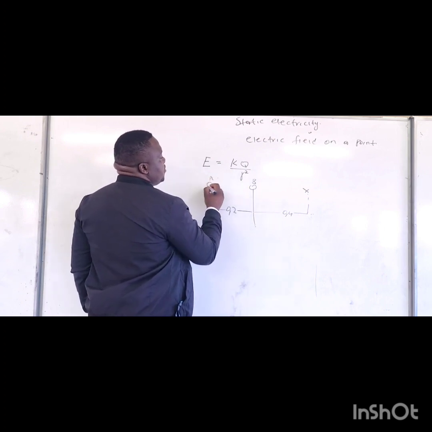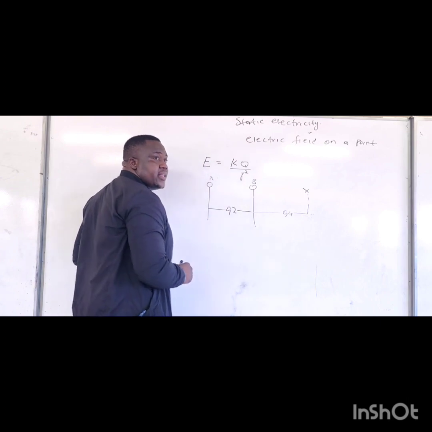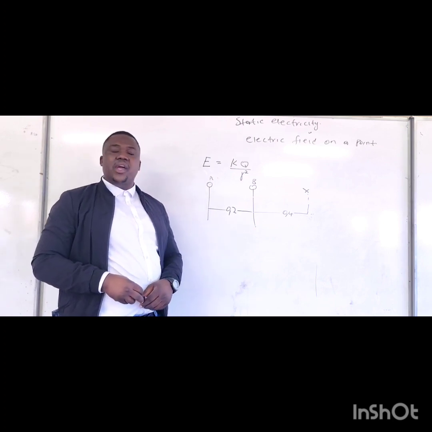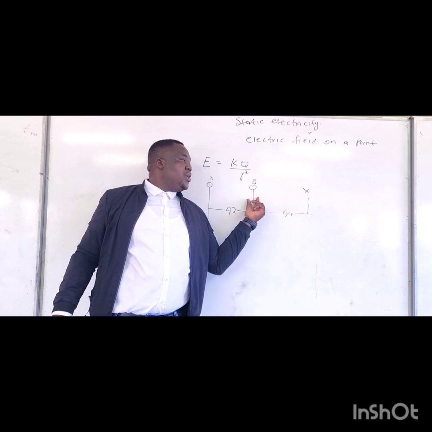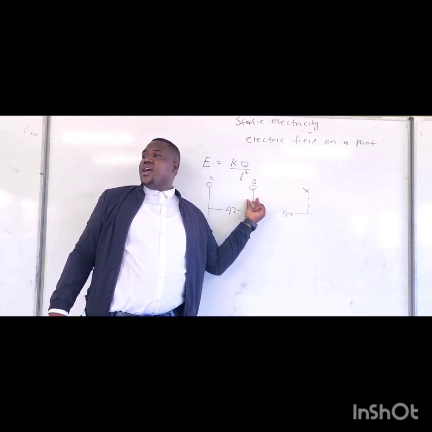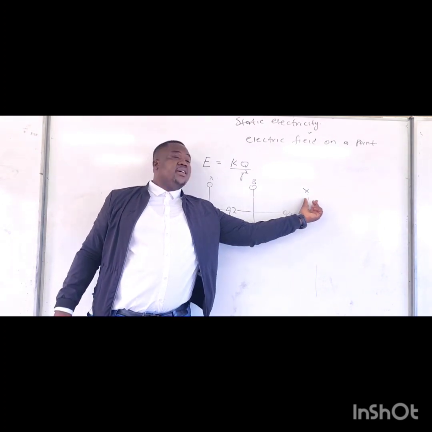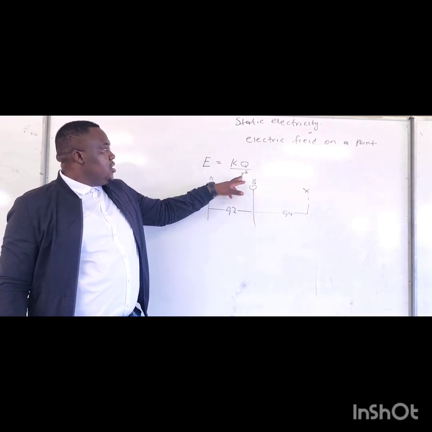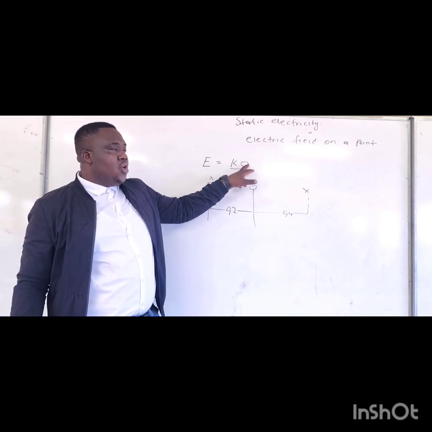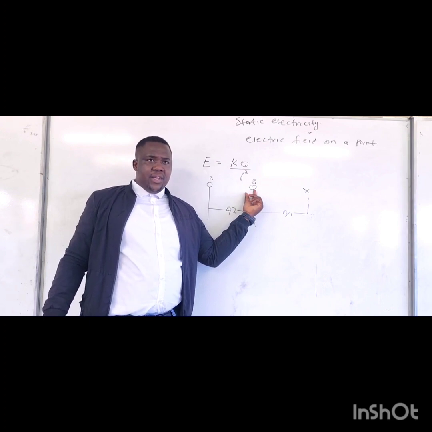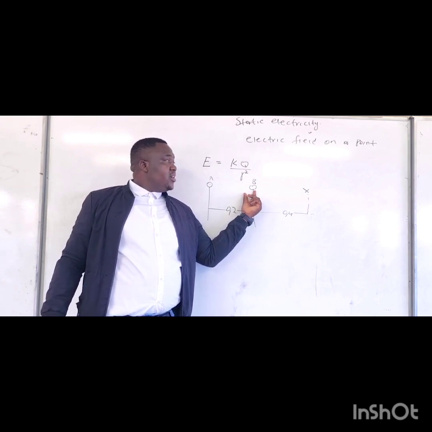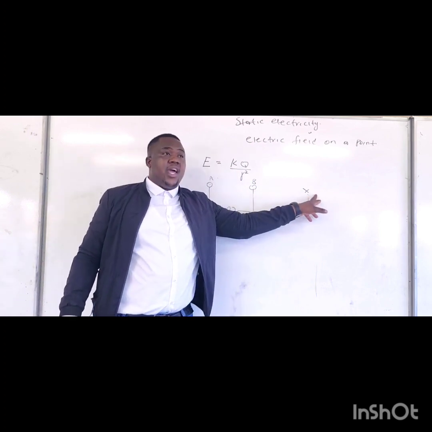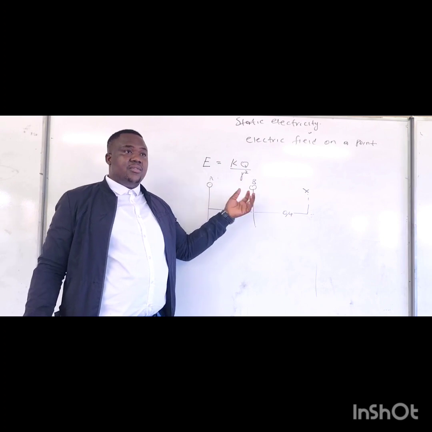Let us call it charge B, with sphere A, sphere B, and a point X. They say, calculate the electric field which point X experiences due to B. It means that K is constant, Q is the charge of B, and R is the distance between B and this point X. You understand? That's how we apply this formula.